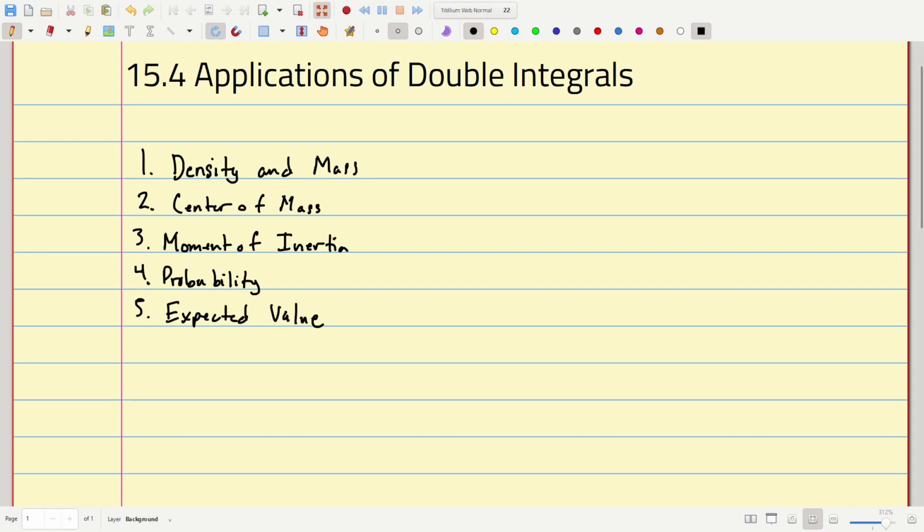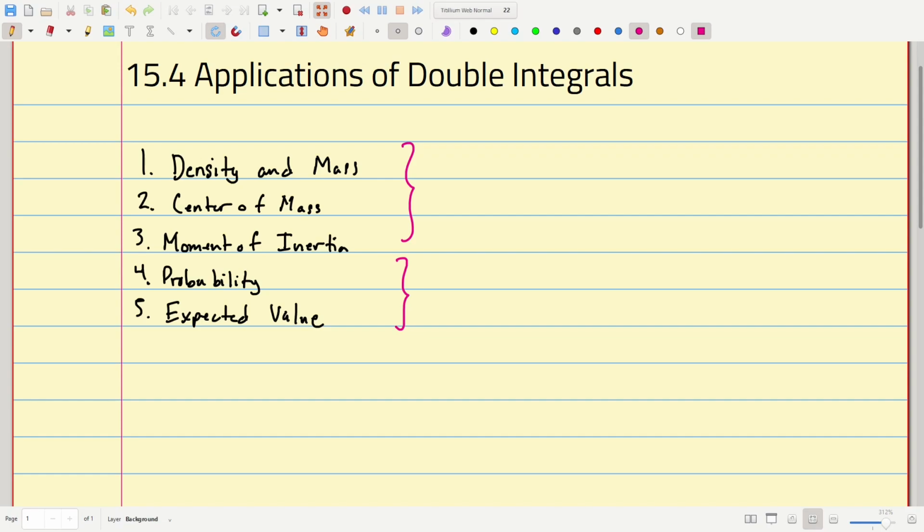Okay. Just to make things a little bit clear here, these first 3 and these last 2 are kind of grouped together. The first group is attacking kind of the physics idea of looking at density and mass and a couple of other properties that are related to an object's density and mass, in center of mass and the moment of inertia.